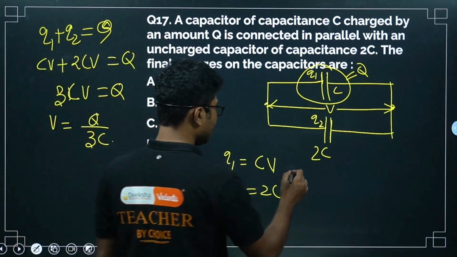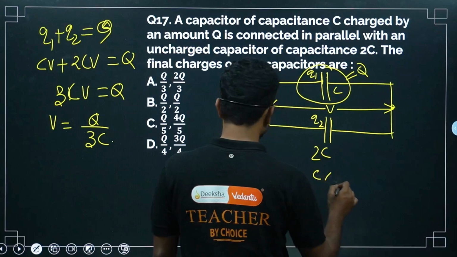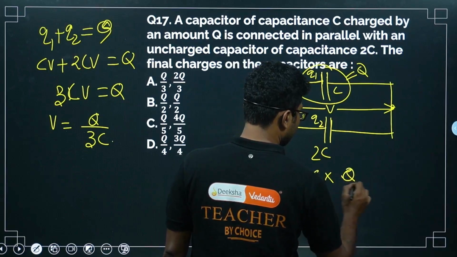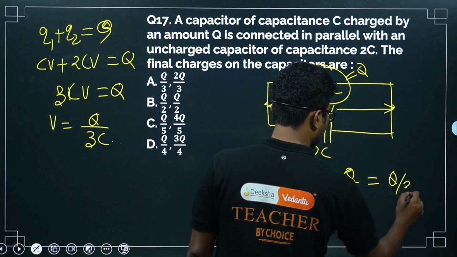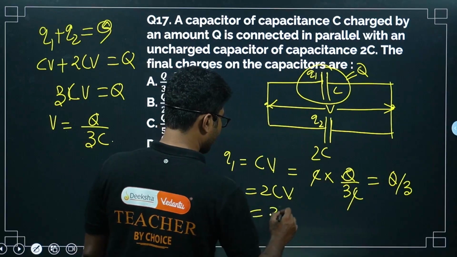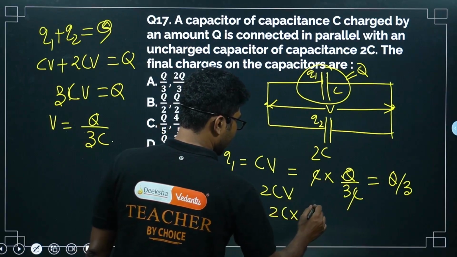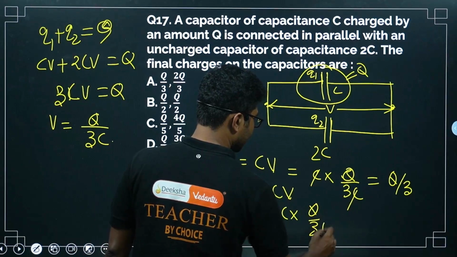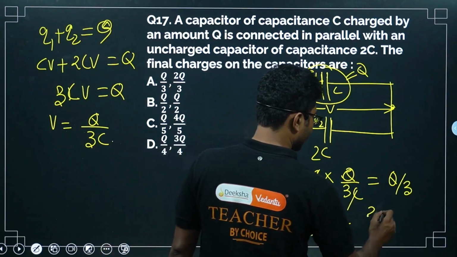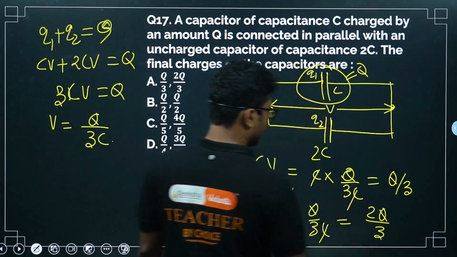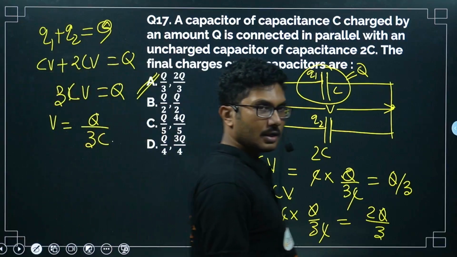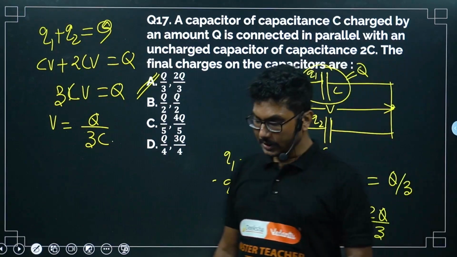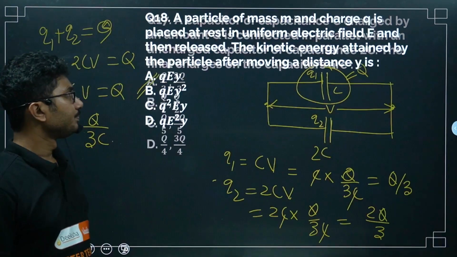Q1 is C times Q by 3C, that is Q by 3, and Q2 is 2C times Q by 3C, where C cancels, so 2Q by 3. So Q by 3 and 2Q by 3 is the correct answer. Simple problem, keep it simple, don't make it complicated.